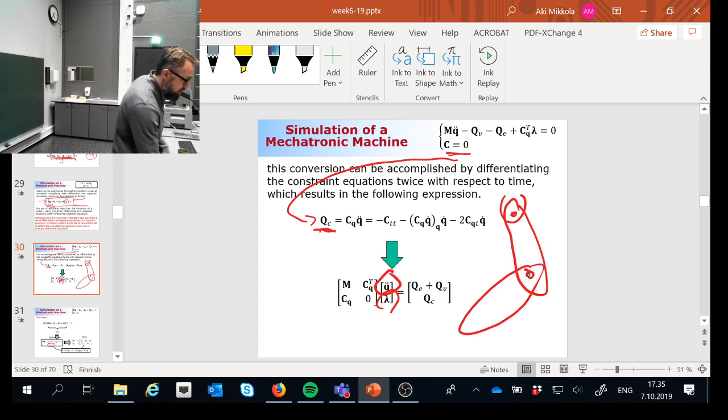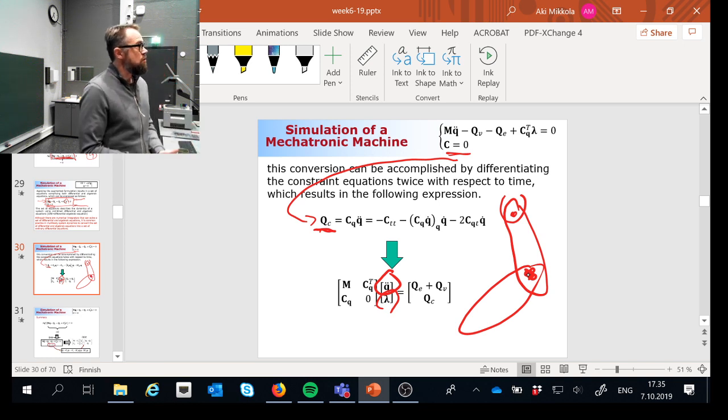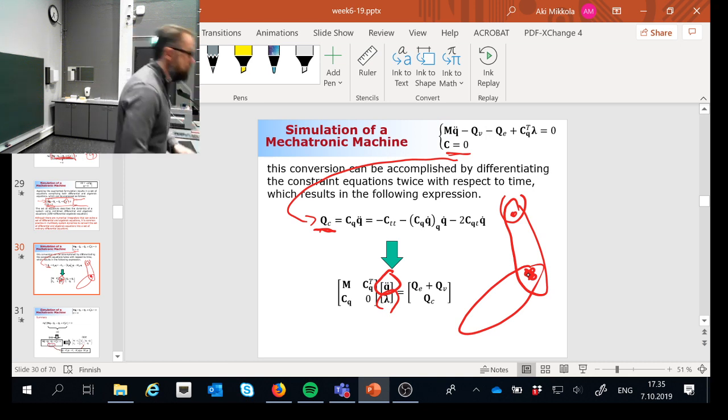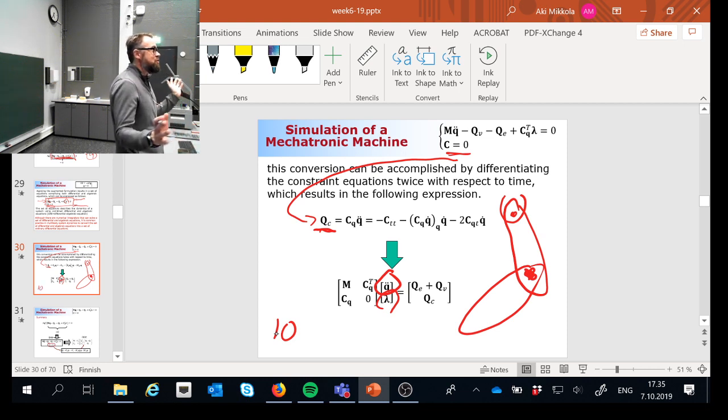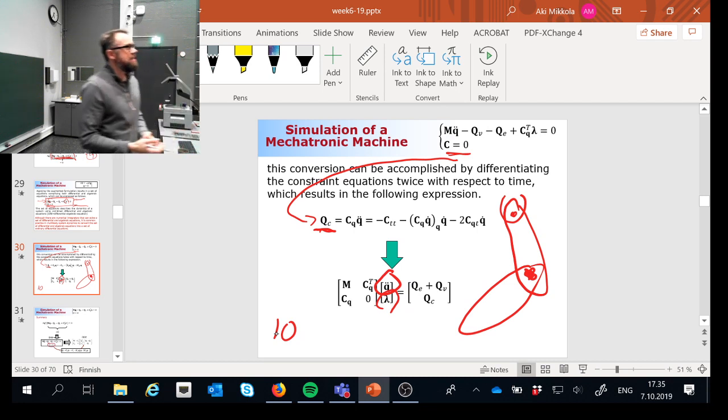How many unknowns in this case? Here is, by the way, a revolute joint. So I have 2 bodies, 2 revolute joints. Options are 10. No other options. So let's all vote 10. So it's 10. How come it's 10? Because 2 bodies.